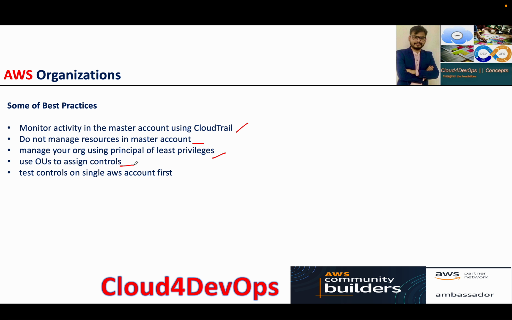Use OUs to assign the controls. Again, an important factor. I showed you how you can play around with the SCPs at the OU, so you can control it on a per-account basis. Test the control on a single AWS account first. Obviously, if you're pushing out a policy, it's always best practice to test that policy on one account and then apply it to the rest of the accounts based on your requirement. So these are some of the best practices of using AWS Organization.